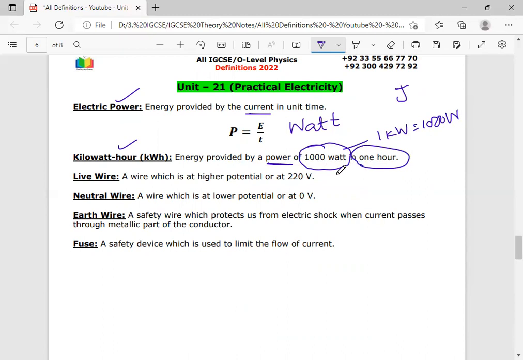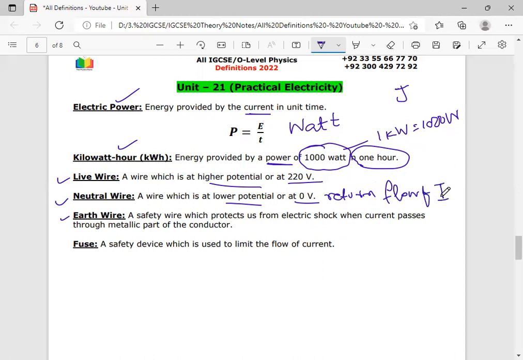There are three types of wires in this electricity topic: live wire, neutral wire, and earth wire. Live wire: a wire which is at higher potential, or 220 volts, and causes electric shock, is called the live wire, and it is a dangerous wire. Neutral wire: a wire which is at lower potential, or 0 volt, and this wire provides the return path for the flow of current.